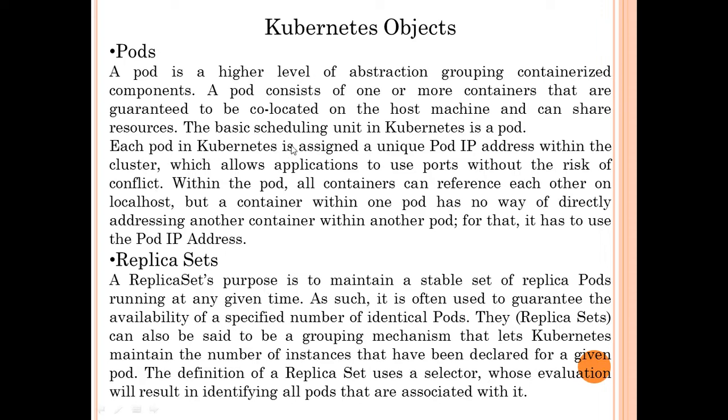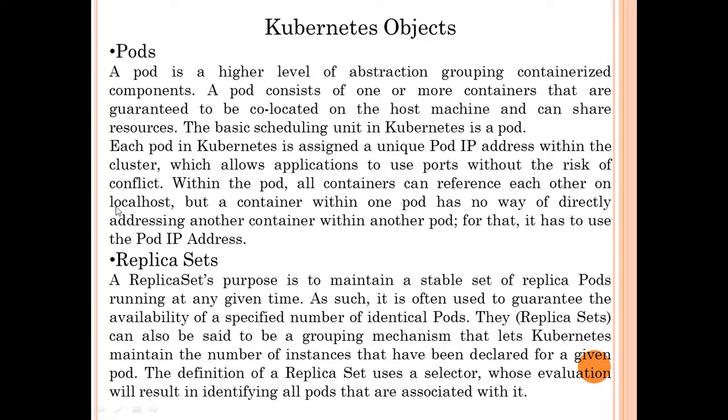Each pod in Kubernetes is assigned a unique pod IP address within the cluster, which allows applications to use ports without the risk of conflict. Within a pod, all containers can reference each other, means they can interact with each other on the localhost, but a container within one pod has no way of directly addressing another container within another pod. So it means they will not be able to interact if they are part of a separate pod.